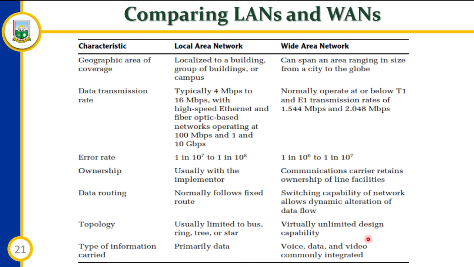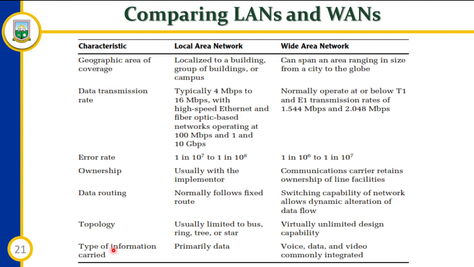But for a wide area network, there are virtually unlimited design capabilities. You can have so many of these topologies put together, so that is where the mesh topology really comes into play. You can have the bus and the ring all implemented together in a wide area network by the internet service provider.